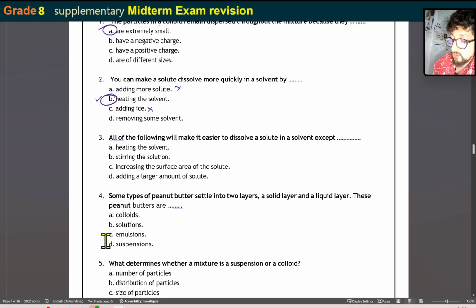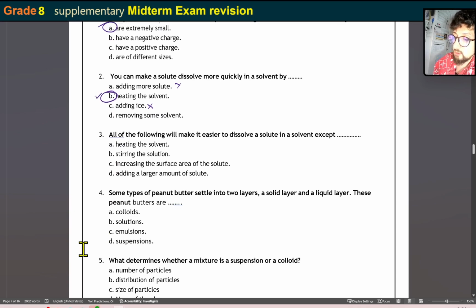All of the following will make it easier to dissolve solute in a solvent, except, so which one makes it harder? Basically, if we reword the question here, it's saying which one makes it harder for the solute to dissolve inside the solvent. So first of all, the solute is the solid that's dissolved inside the solvent.